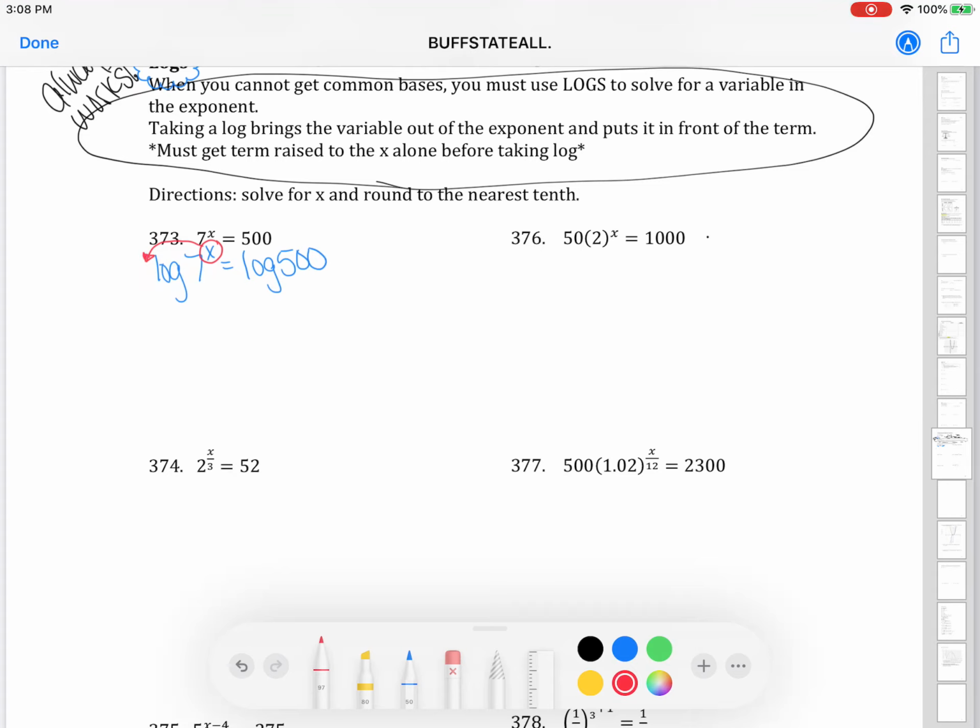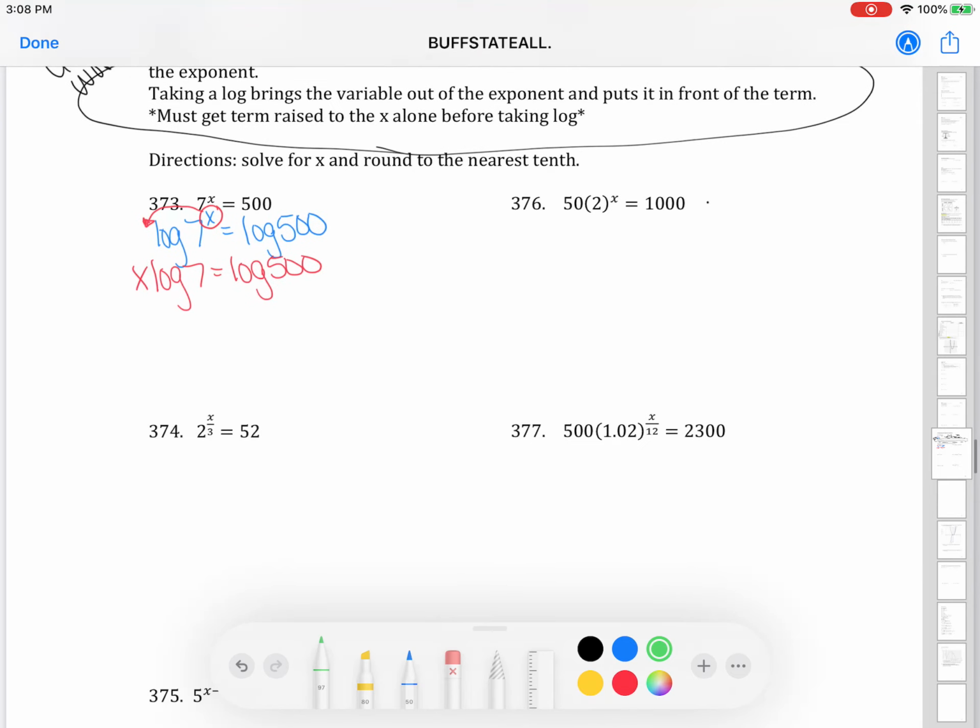I tell people when I'm teaching this all the time, logs chop down the x. Think about chopping down a log. You use logs to chop down that x and bring it down in front. So that x moves to the front of log 7 and everything else just comes down. Again, you probably still have no idea what I'm talking about with logs. That's okay. As long as you understand how the process works, you're golden.